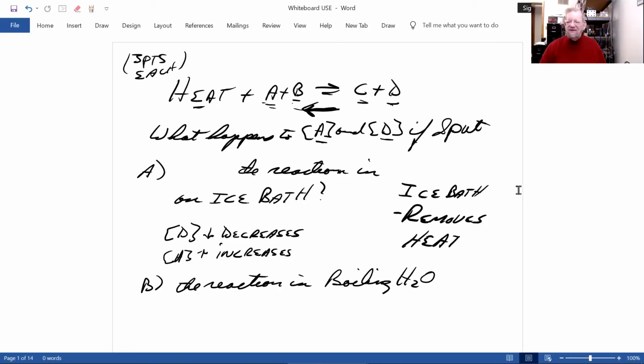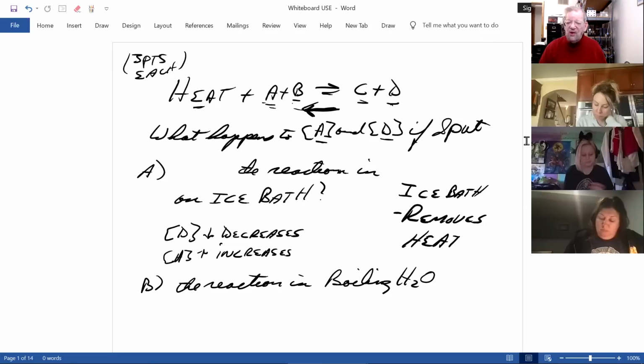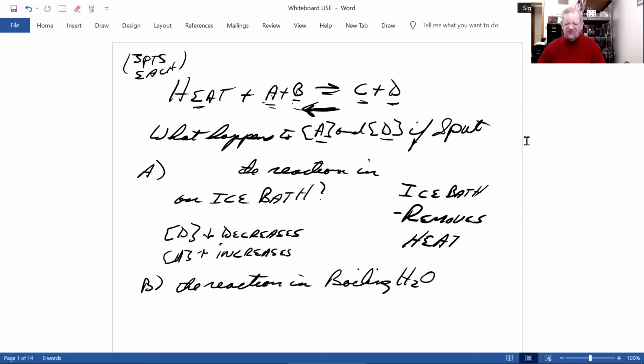And time again for you to try one. What happens to the concentration of A and D if you put the reaction in boiling water? And I'm going to help you out just in case you forgot.